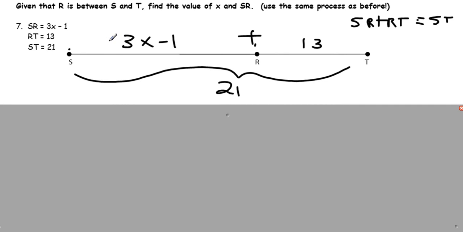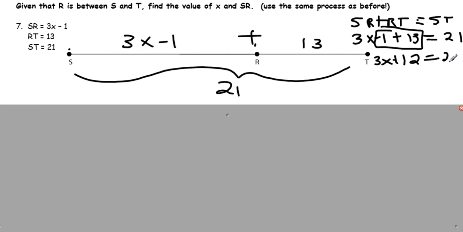SR equals 3x minus 1 plus RT, RT is 13, equals the length of ST, which is 21. Okay, we want to combine our like terms. We have a negative 1 and a positive 13, so that gives us 12. 3x is in front of that, equals 21. We will subtract 12 from both sides of our equation.